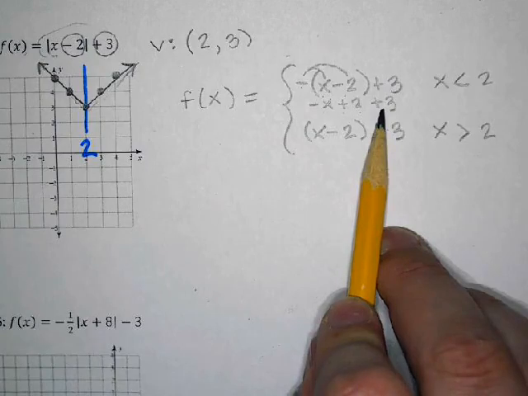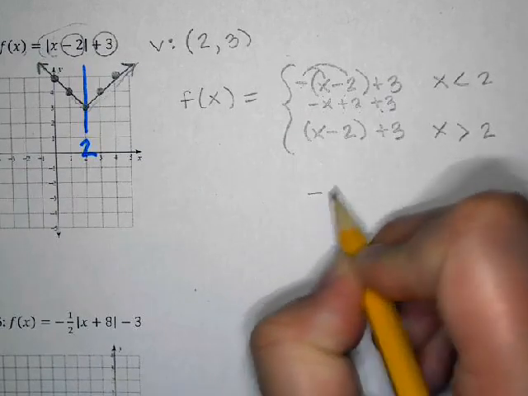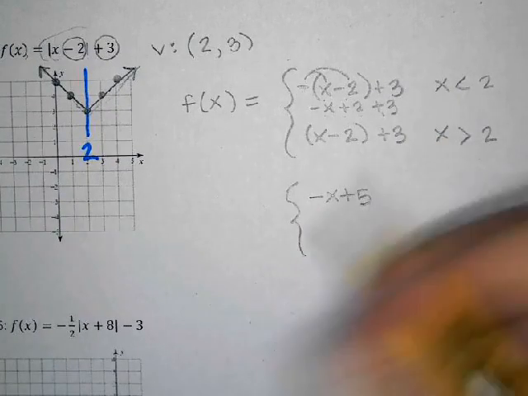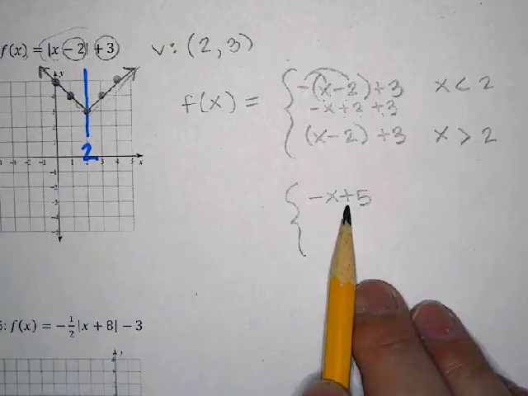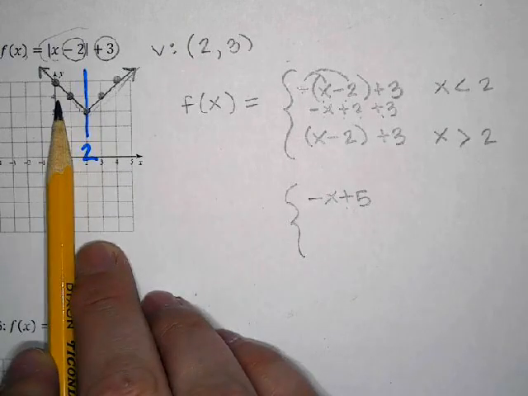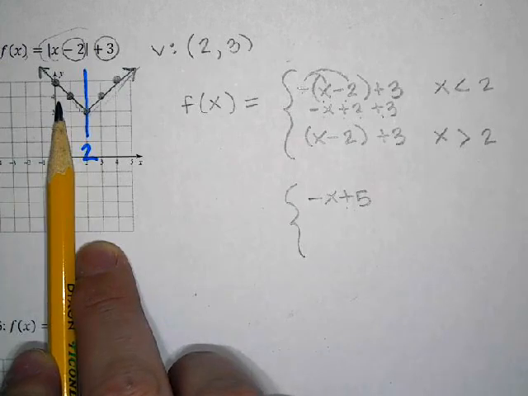Positive 5. So negative x plus 5. Okay? Now, if we go look at our equation, does this fit the left side? Is it true that the left side has a y-intercept of 5? And a slope of down 1, right 1, down 1, right 1. Does that fit? Yeah, okay.